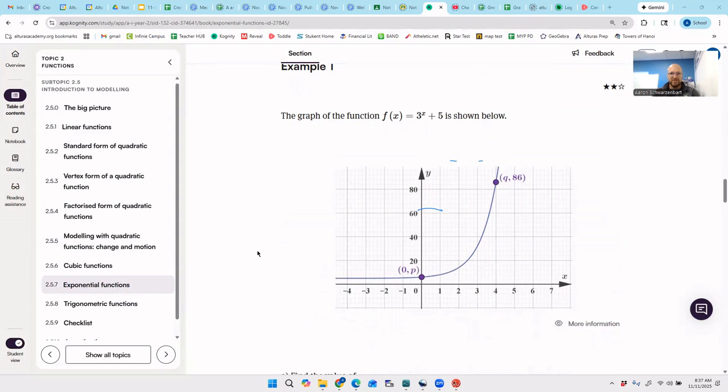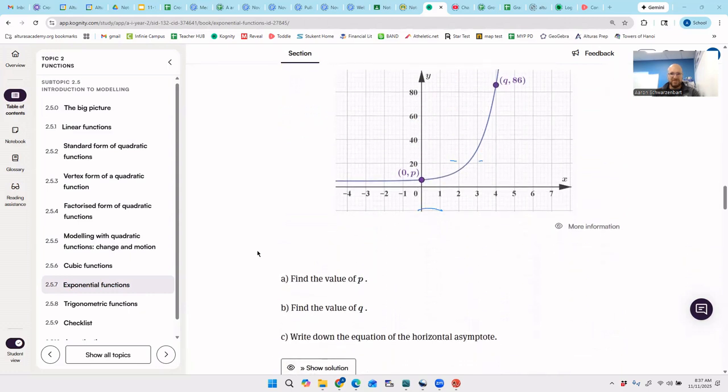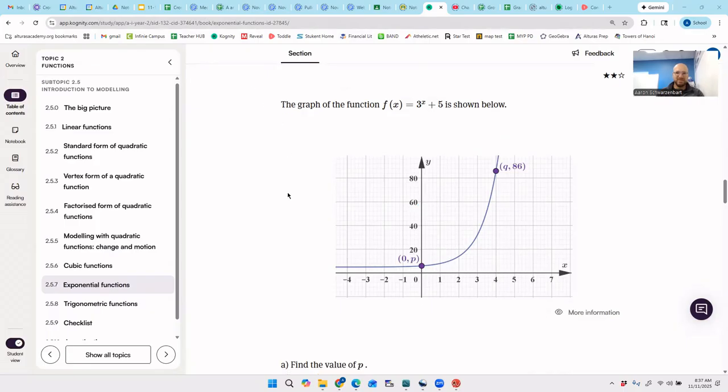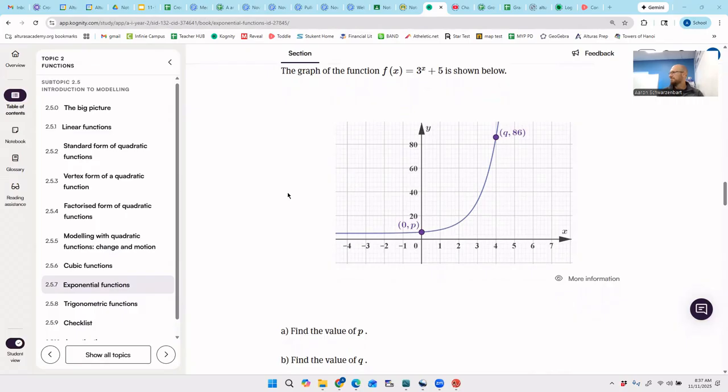So here we have the graph. Find the value of p. So p is the y-intercept. How would I go about finding the y-intercept? That's the equation, yep.